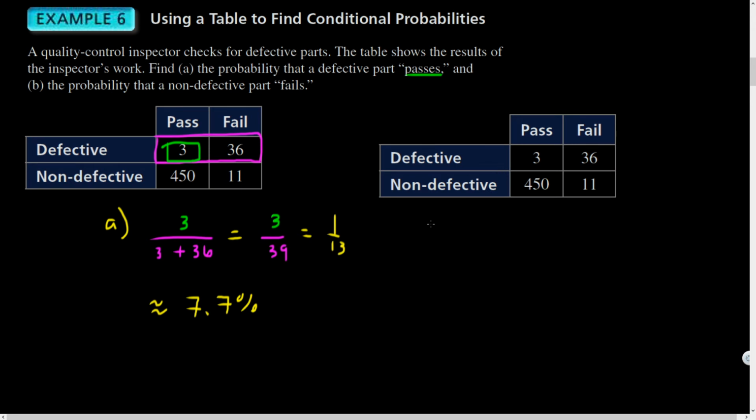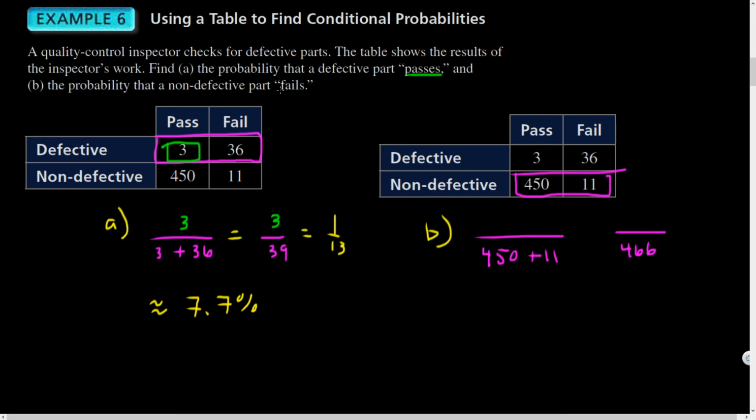Part B was, what's the probability that a non-defective part fails? I'm assuming the conditional probability here, a reduced set of outcomes. I'm looking at just the non-defective parts. The denominator is the 450 plus 11, which is 461 when I add those together.